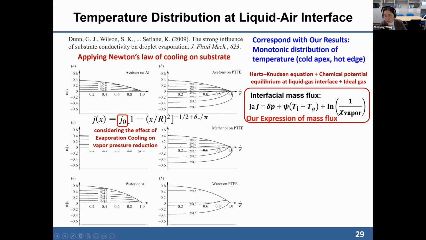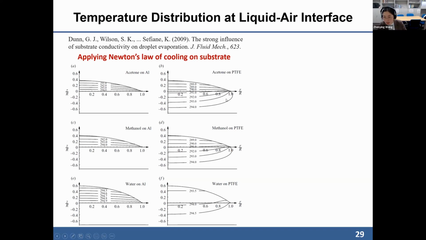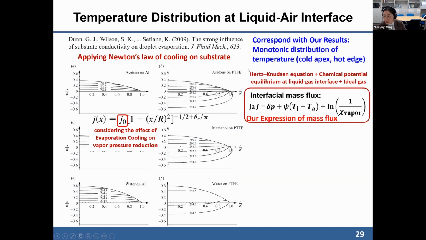With this modification, they got this temperature field, based on their results both numerically and experimentally. You can see that their result corresponds with our result, which shows a monotonic distribution of the temperature, with a cold droplet apex and also a warmer edge near the contact line area.